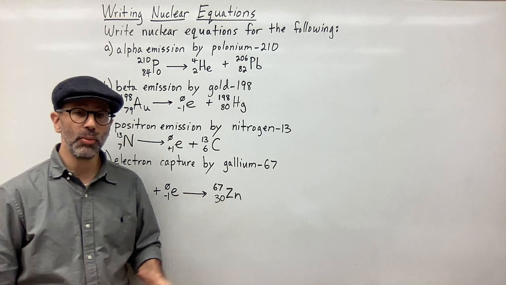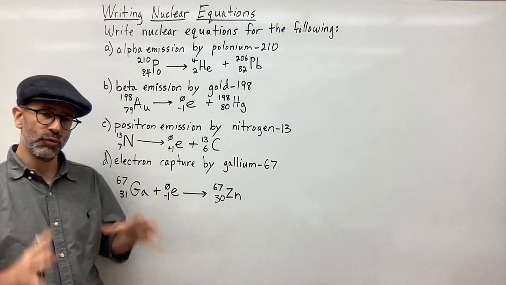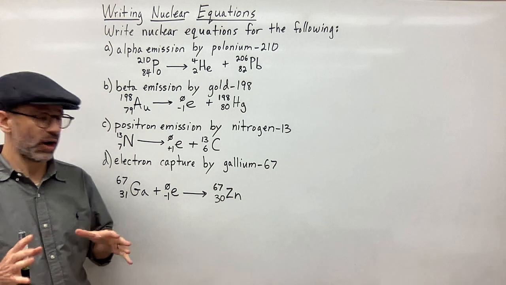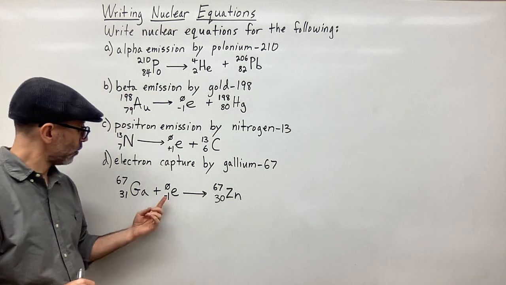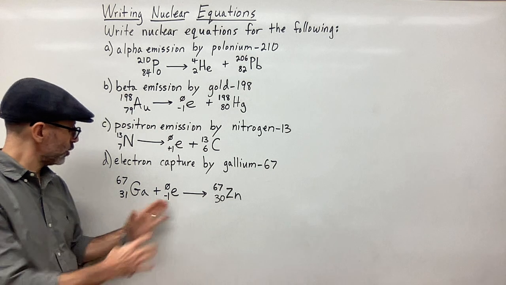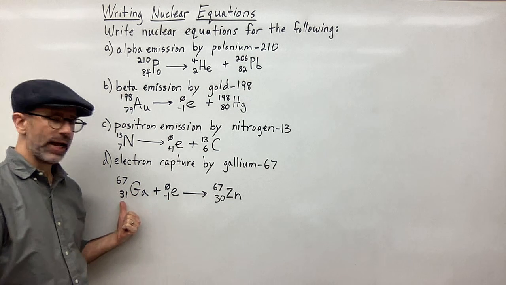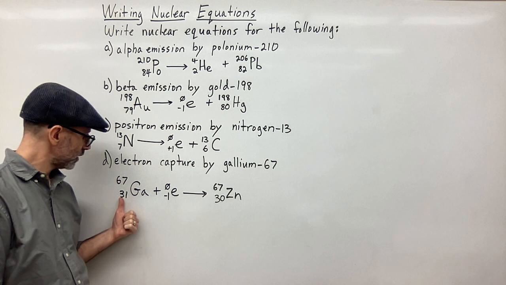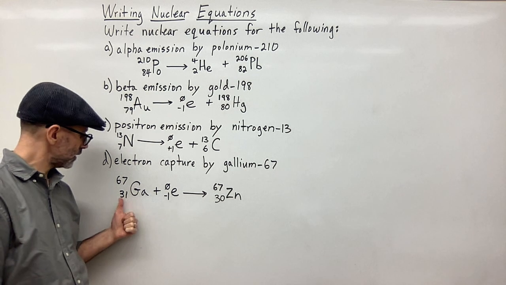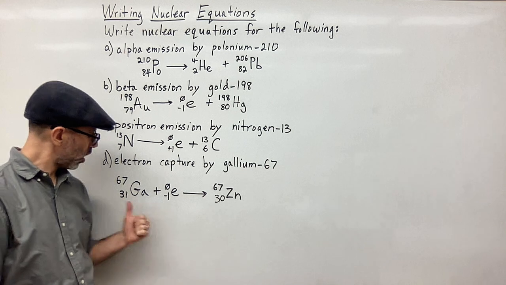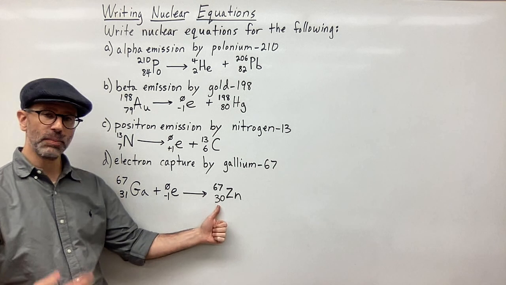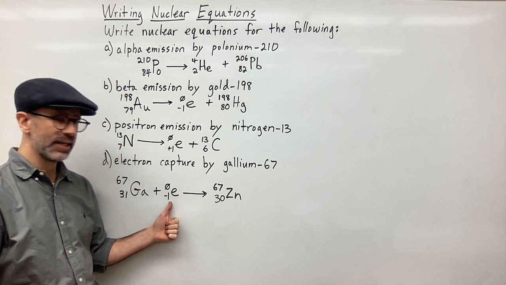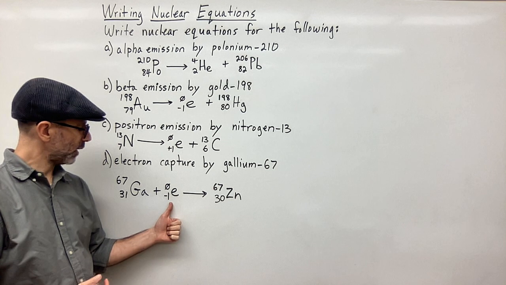So here I want to point out a couple of things that are really interesting that I want you to make sure you know. So here we're adding an electron to our atom, but notice what happens to the number of protons. The number of protons decreases. So we go from 31 to 30. So we lost a proton when we gained the electron. Well, wait a minute. What happened?